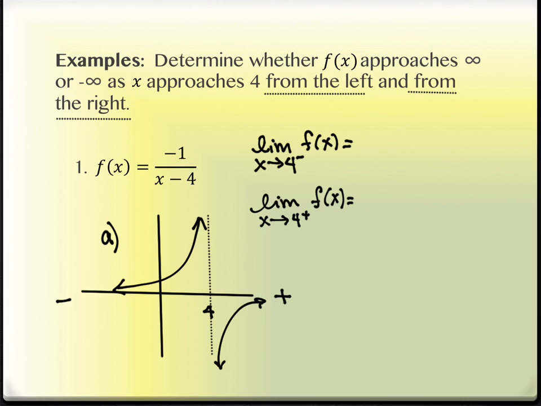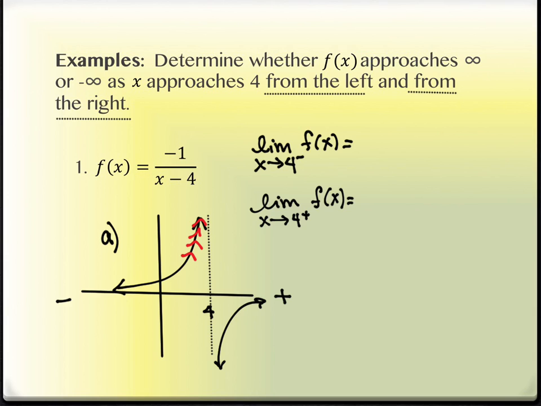So if we're approaching from the left side, from 4 from the left, 4 negative, we're approaching from over here, right? And we have to be on the curve. So you're on the curve itself, not on the axes, not anywhere else in the coordinate plane, but on the curve. And what's happening as you do that over here is that you're going up, correct?